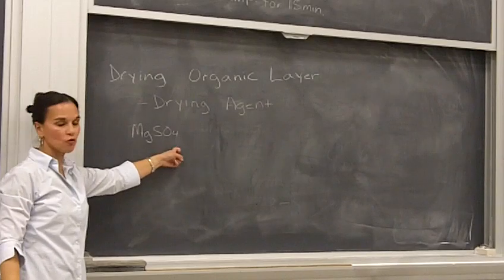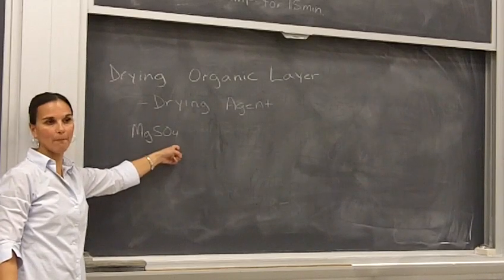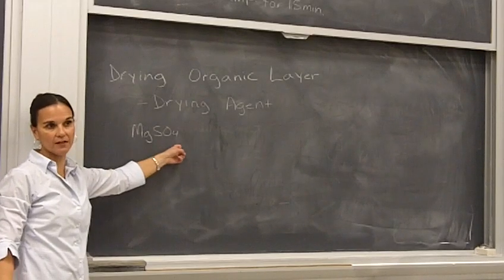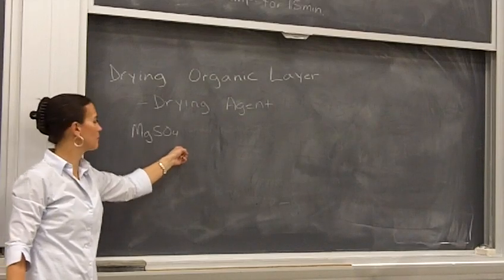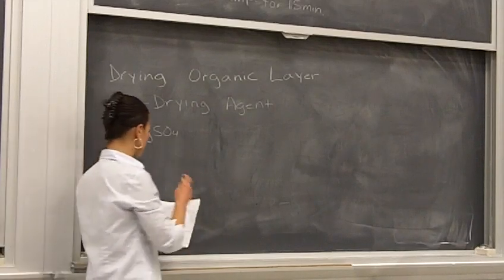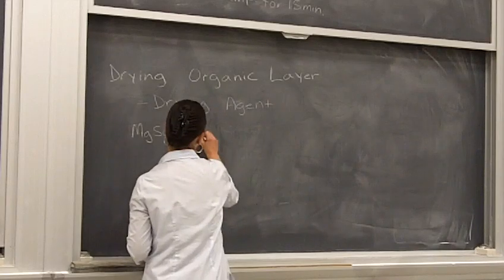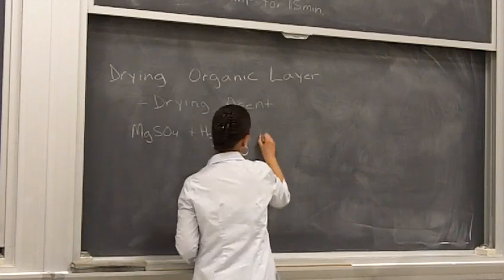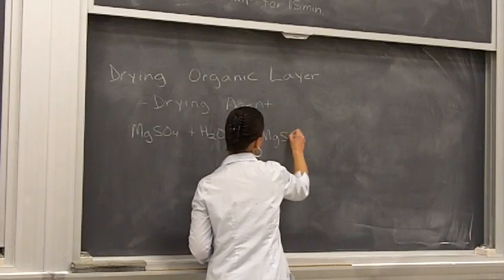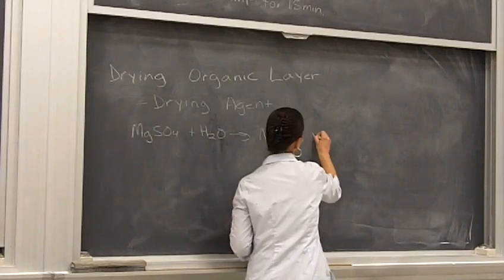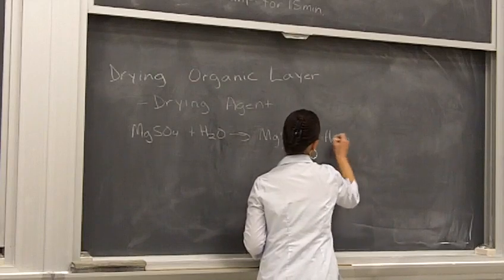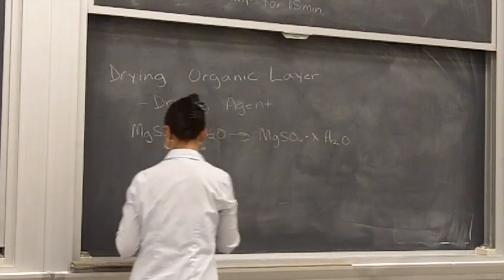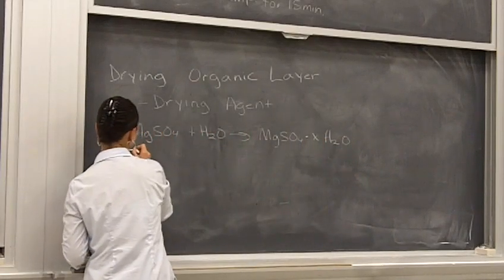When you're getting ready to dry your organic layer, it's the white powder, the magnesium sulfate, that you're going to use here, okay? And so what happens is, when anhydrous magnesium sulfate reacts with water, it complexes with that water. So this is kind of like flour.